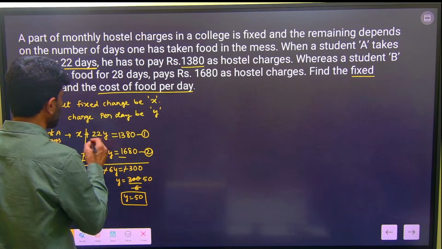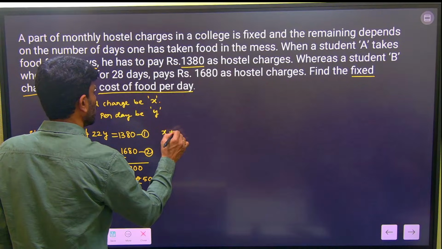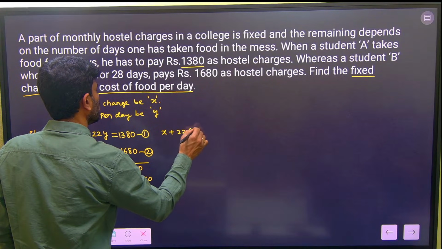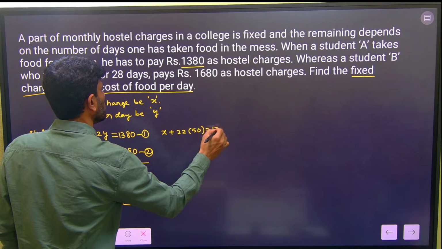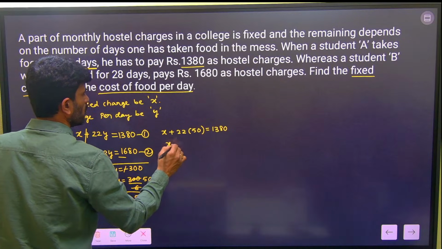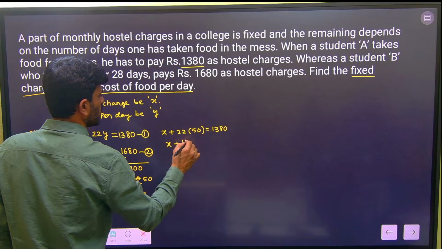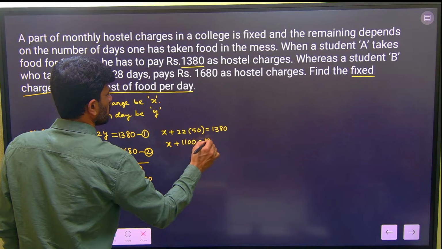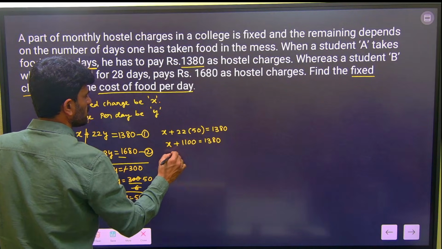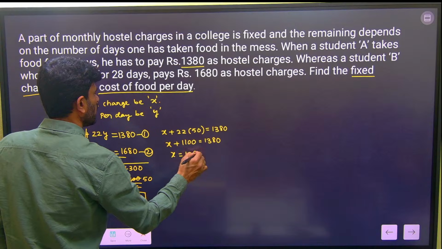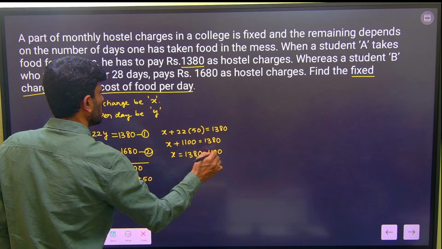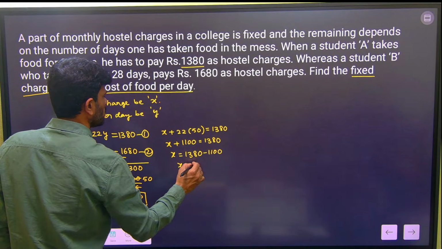So this y we have to substitute in one of the equations. x plus 22 into 50 is equal to 1380. So it is x plus 1100 is equal to 1380. Then transpose that side, x is equal to 1380 minus 1100. It is going to be 280 rupees.